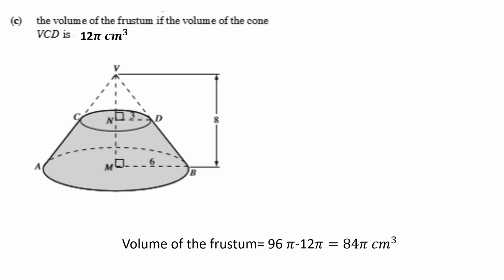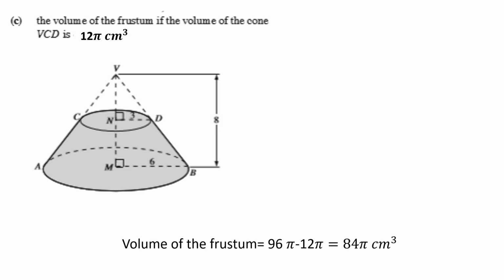Okay, for the last part of the question, you are asked to find the volume of the frustum, given that the volume of the cone VCD is 12 pi centimeter cube. That means you're given the volume of the smaller cone, the cone that you bite off. Remember the chocolate part of your ice cream? That is 12 pi centimeter cube, and you're asked to find the volume of the frustum.